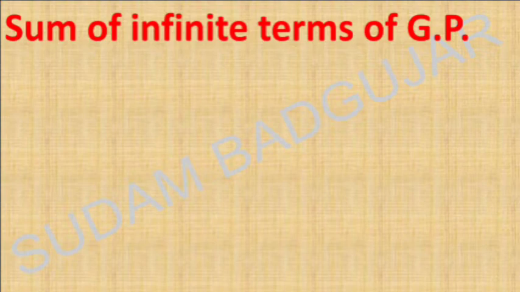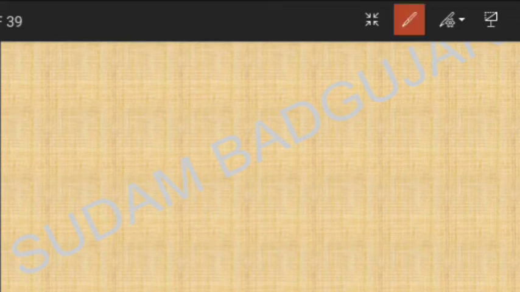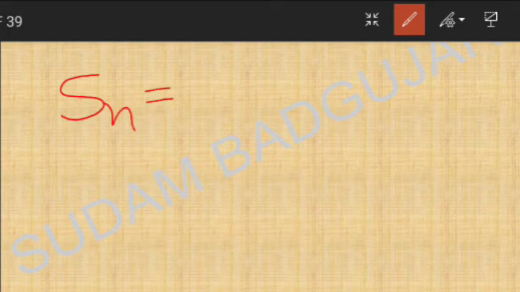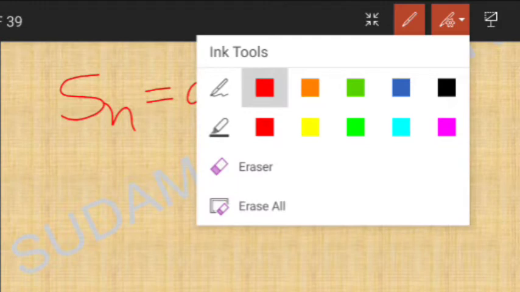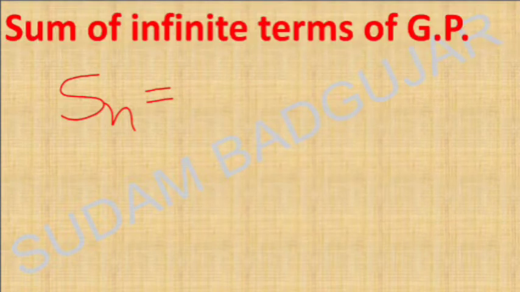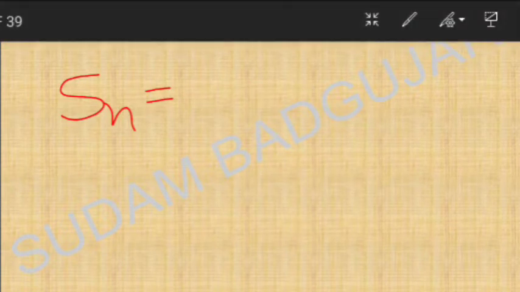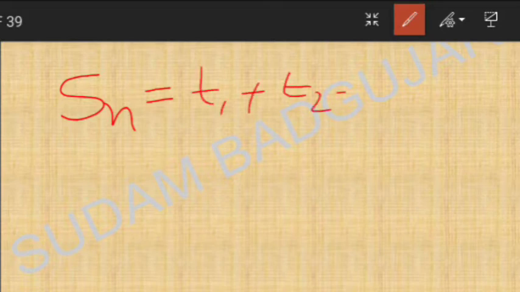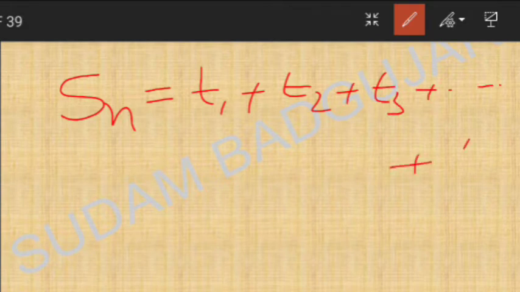You already studied the sum to n terms. The sum of n terms is denoted by Sn, which means you have to find T1 plus T2 plus T3 plus T4 up to Tn.